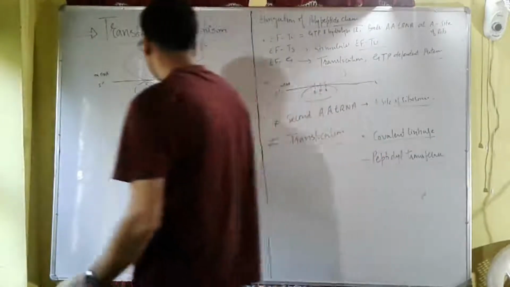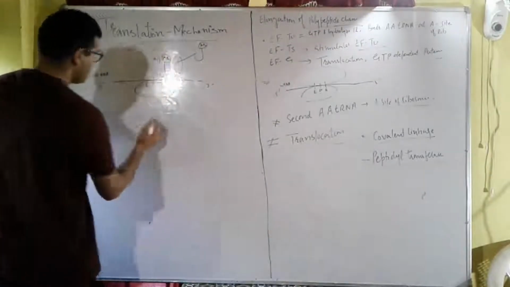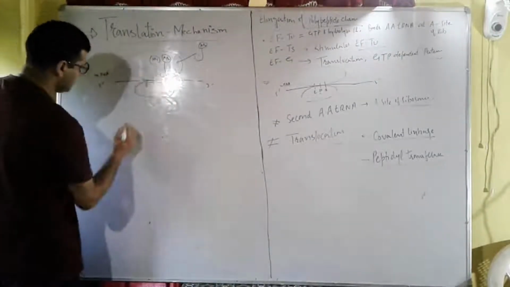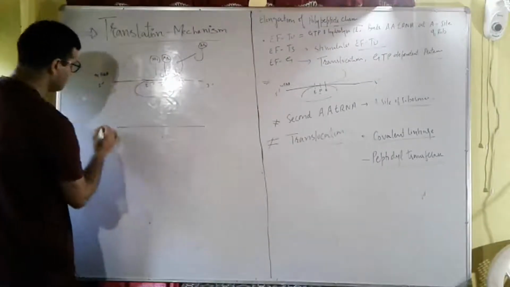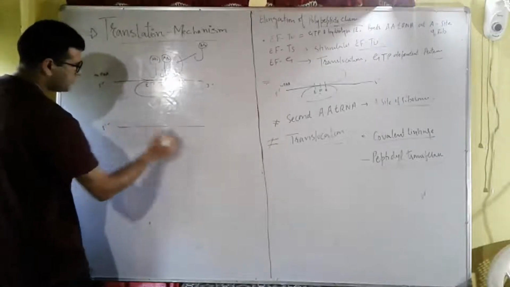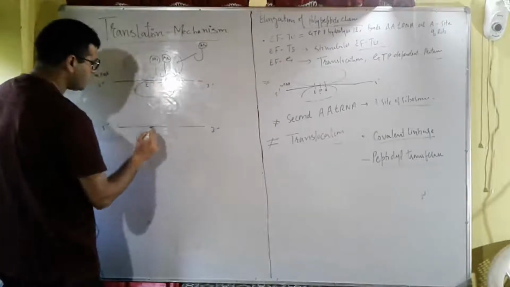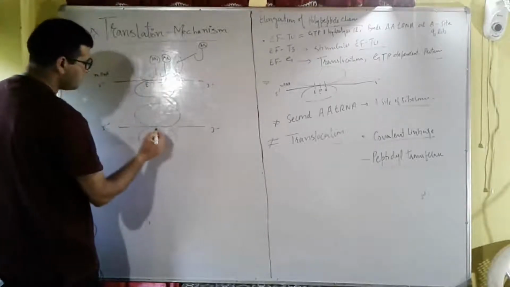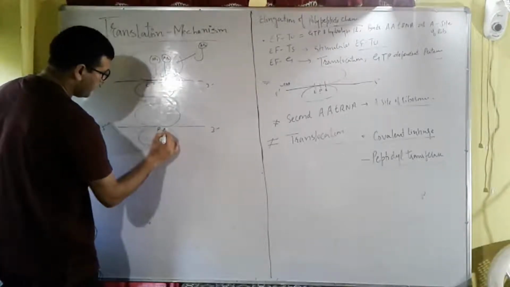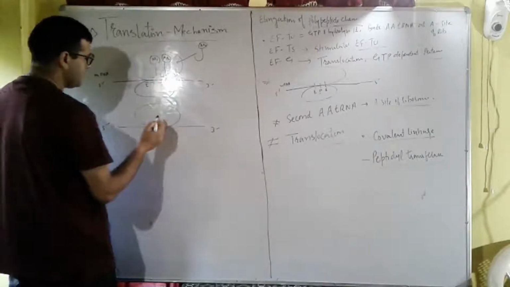It would be like this. Then we have 5', this is 3'. This is the small ribosomal subunit, large ribosomal subunit. We have P site, A site, E site.